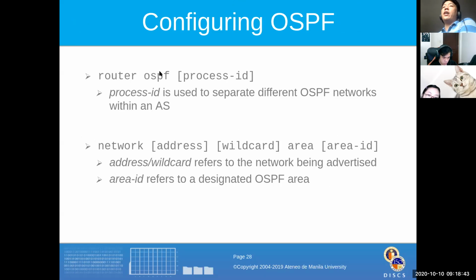So how I configure it, you have an additional number here. It's called the process ID, right? This is just a way to divide your internal network into smaller networks, even if you create them as part of one OSPF zone. Then you define your network address, meaning what network you are directly connected to, and you can specify OSPF areas as well.